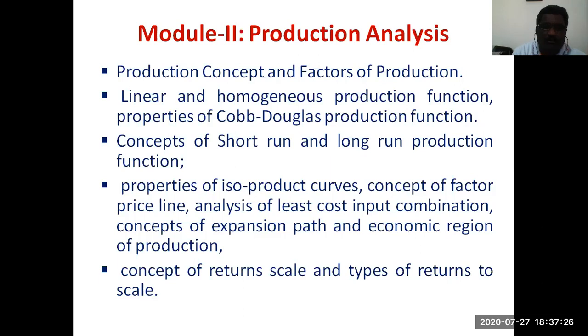And the next topic is properties of isoproduct curves, the concept of factor price line, analysis of least cost input combination, and concepts of expansion path and economic region of production. These topics are almost equal to the indifference curve analysis, but the explanation is different. In indifference curve analysis, we explain consumer behavior. In these isoproduct or isocost curves, we explain how the producer behaves in the process of production.